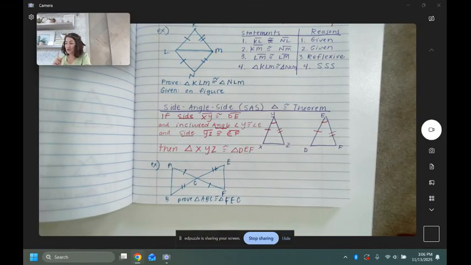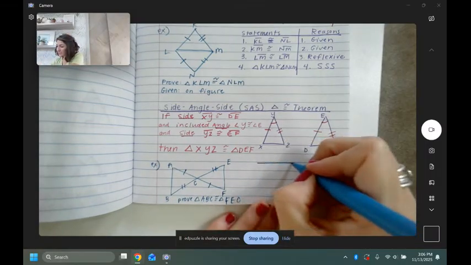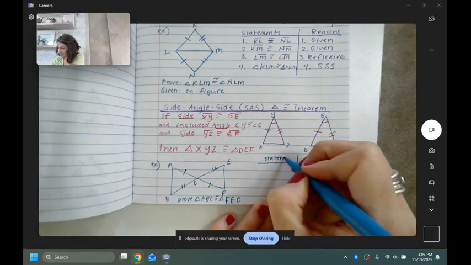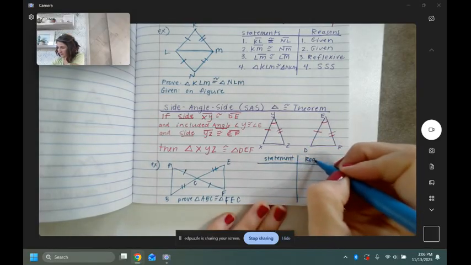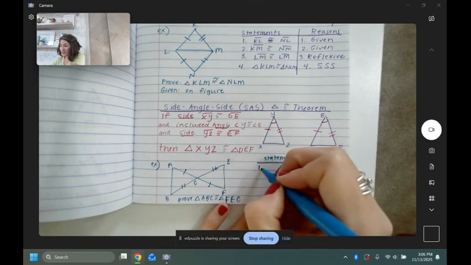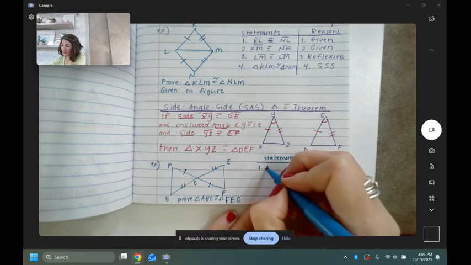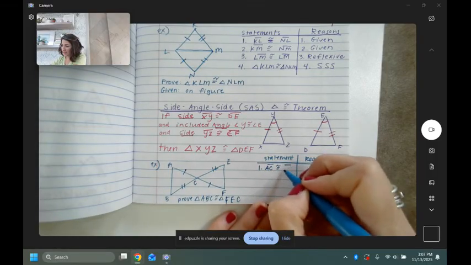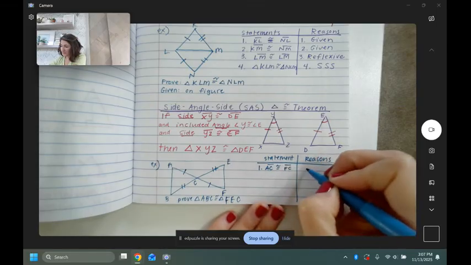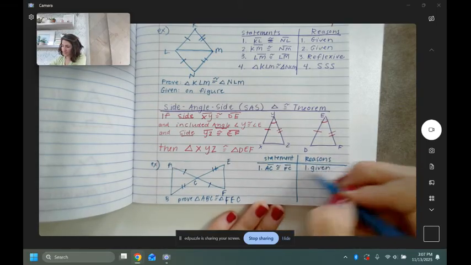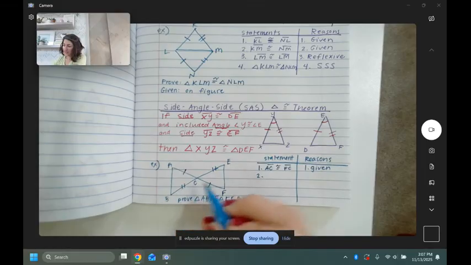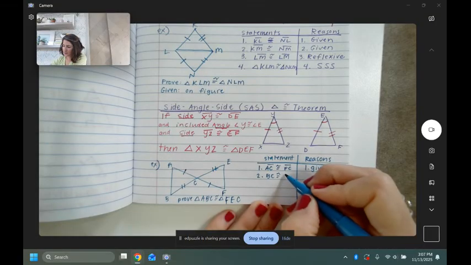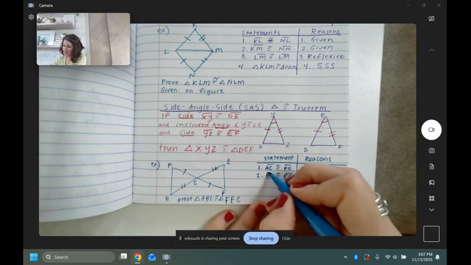All right. So in my statements and reasons, I'm going to start with my given information. Side AC is congruent to side FC, given. Side BC is congruent to side EC, given.